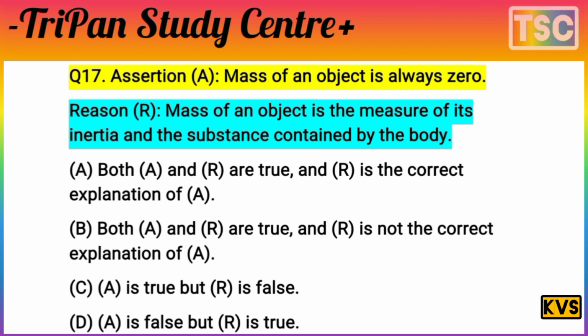Option A: both A and R are true, and R is the correct explanation of A. Option B: both A and R are true, but R is not the correct explanation of A. Option C: A is true, but R is false. Option D: A is false, but R is true. You know, that question is very interesting.